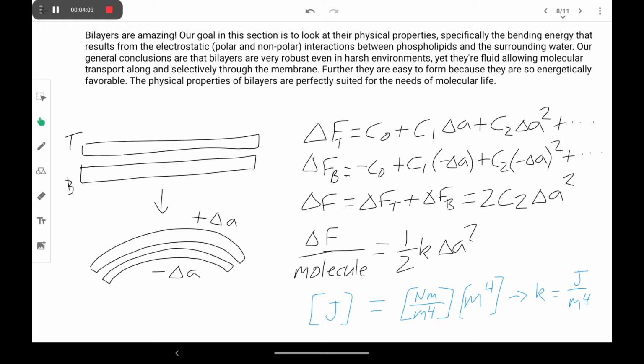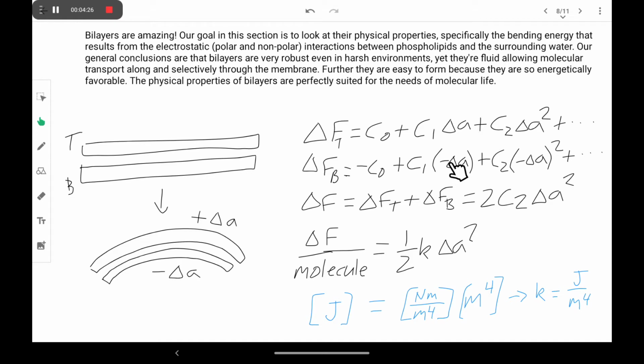Now for the top layer, the constant value is going to switch places with the bottom, because whatever its natural state is for the top, it's going to be the opposite for the bottom. So these constants would cancel out. They don't really affect much anyway.